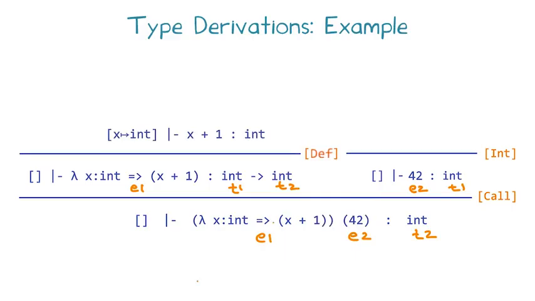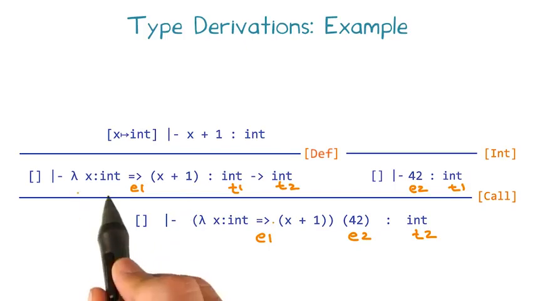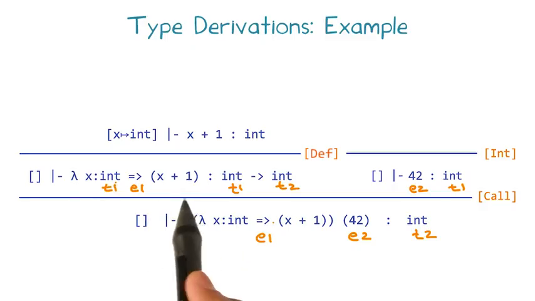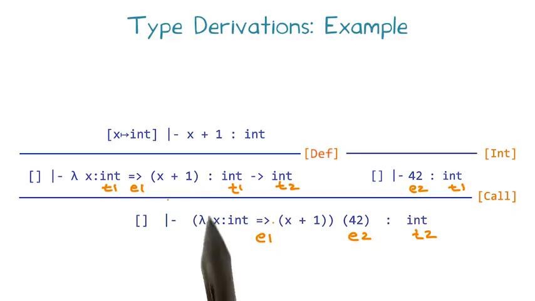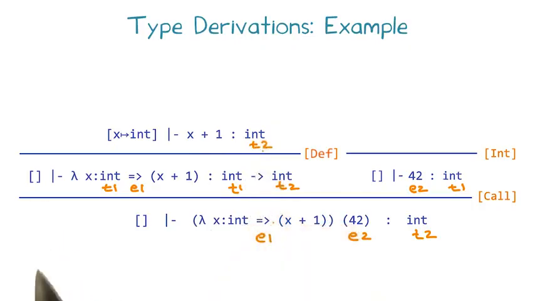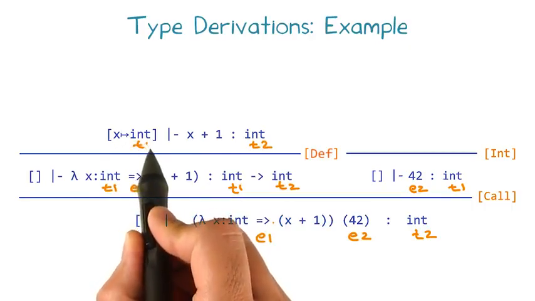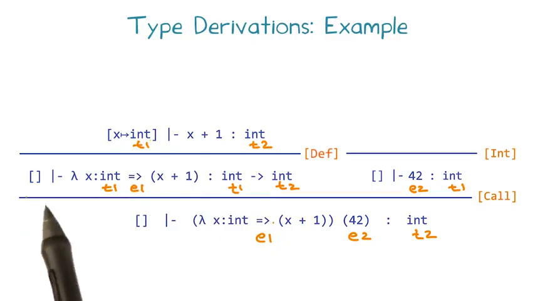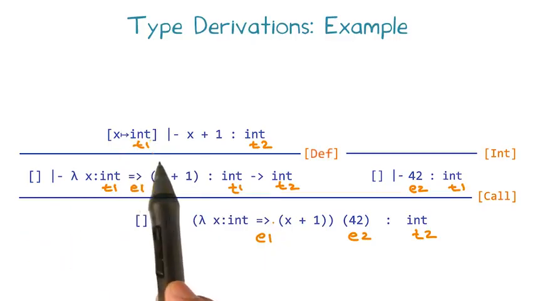This schema requires that if the conclusion is a function mapping a variable x of type T1 to an expression of type T2, then the hypothesis must be that it is provable that the output expression is of type T2 under the same environment with a single additional mapping of the variable x to the type T1. In this case, notice that the environment in the conclusion is empty and the environment in the hypothesis maps the variable x to the type int.